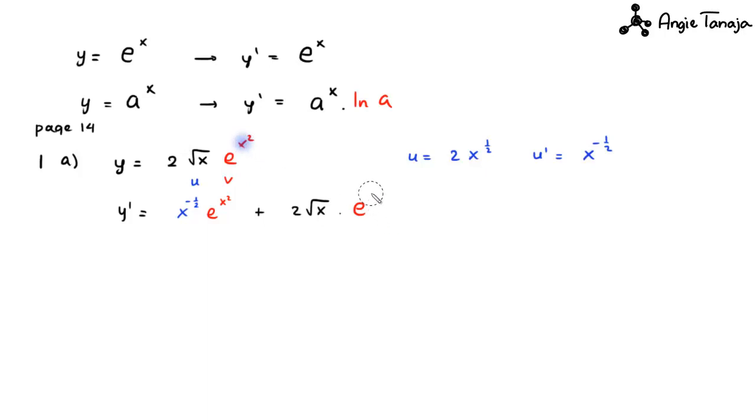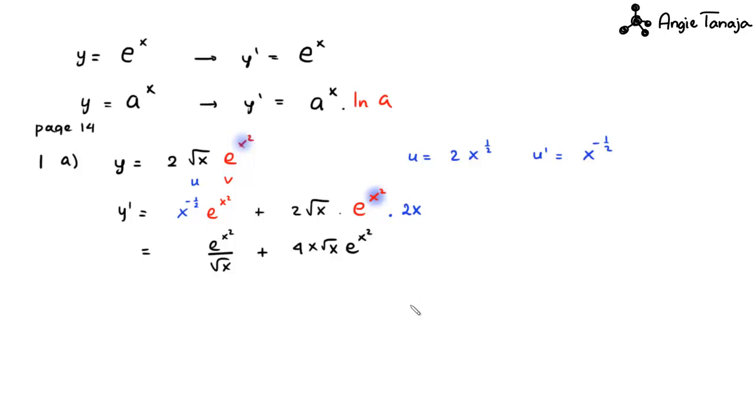But it is not exactly x, so then you multiply it with the chain rule, the derivative of the exponent, which is 2x. That's all. And we just need to rearrange this. This becomes e to the x squared over root x plus 4x root x times e to the x squared.